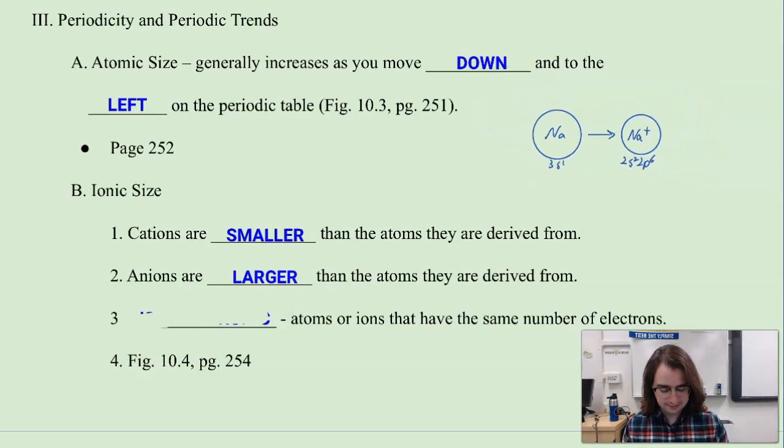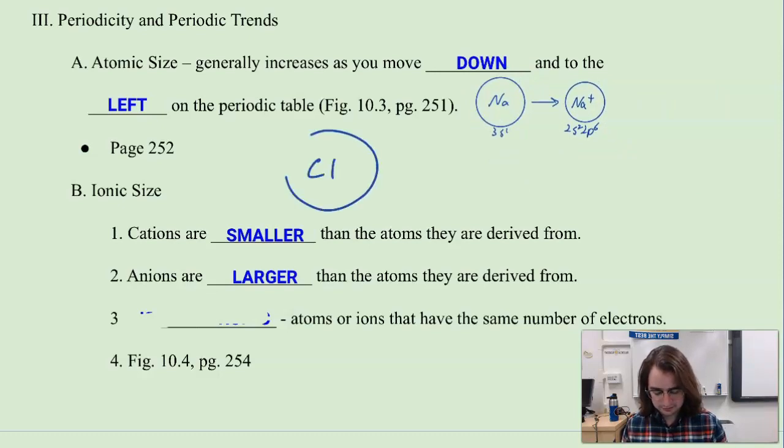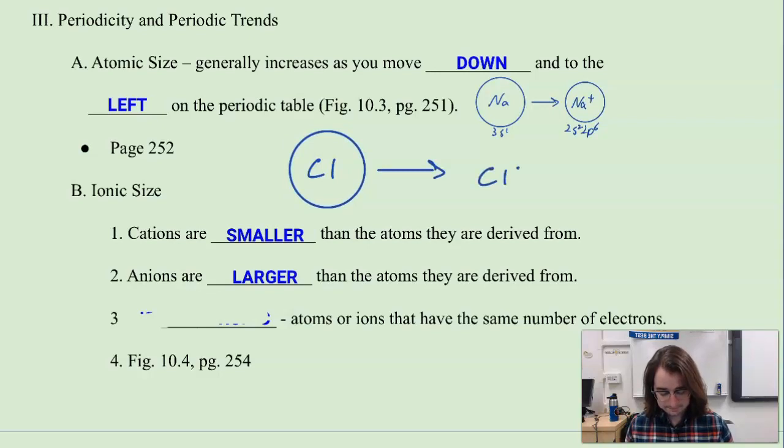And we can see the same thing if we talk about anions. Say, for example, we talk about chlorine. We'll say chlorine looks kind of like this. Chlorine is 3s2, 3p5.